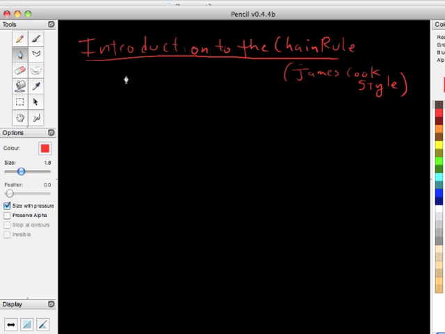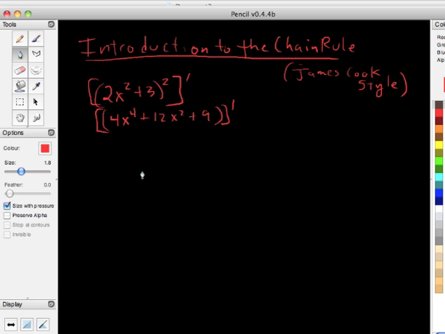So suppose I asked you to find the derivative of (2x squared plus 3) squared. Well, at an early point in calculus, you would FOIL this, and you would have 4x to the fourth plus 12x squared plus 9, and you would say, okay, let's take the derivative of that.